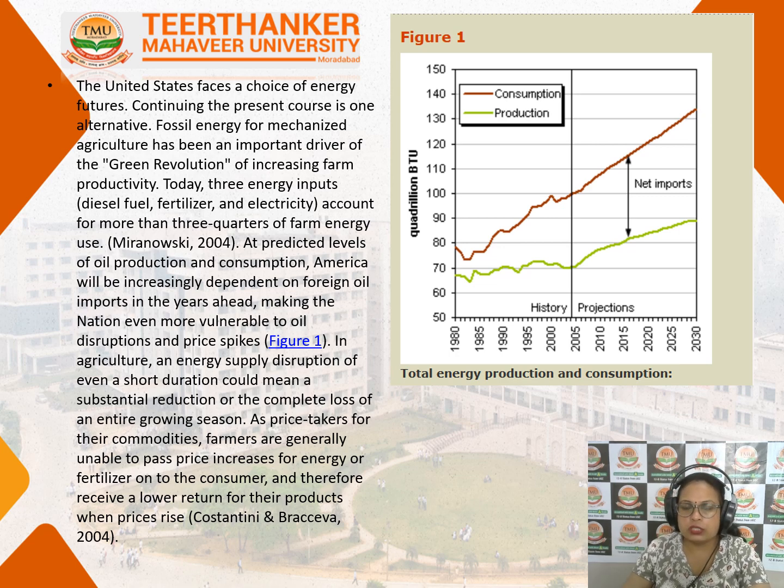So this is the production. The green line shows the production and the brown line shows the consumption. So the production should meet the consumption by the consumer. But there is a lot of gap, a lot of energy requirement in the US.